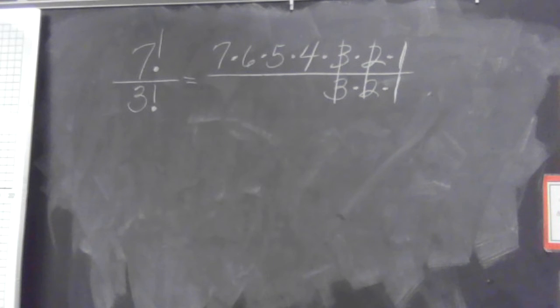So the way you would put this in the calculator would be 7 factorial. So 7 probability, the third choice, and you have that on the screen, divided by 3 probability factorial. And then that would give you the 840.